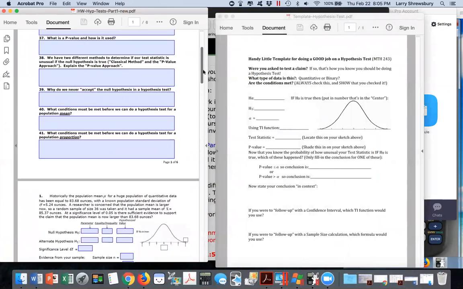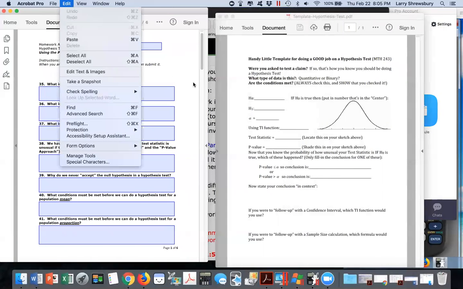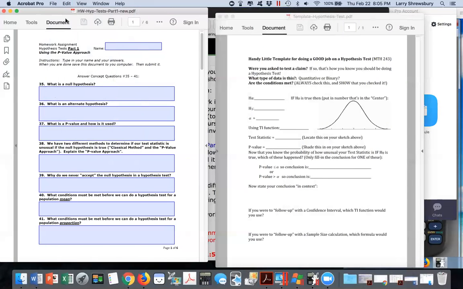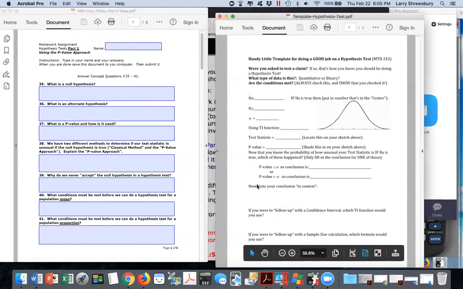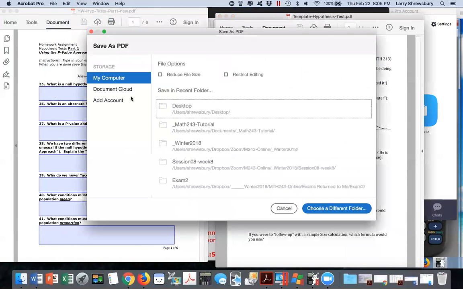Now, what I recommend you do is, now I just clicked and opened that, but definitely you need to save this to your computer before you start filling anything out. So let me do that here. Go to File, Save As, and make sure you save it to your computer somewhere.